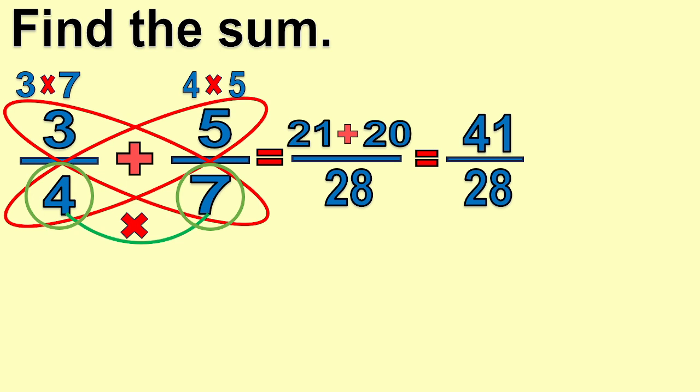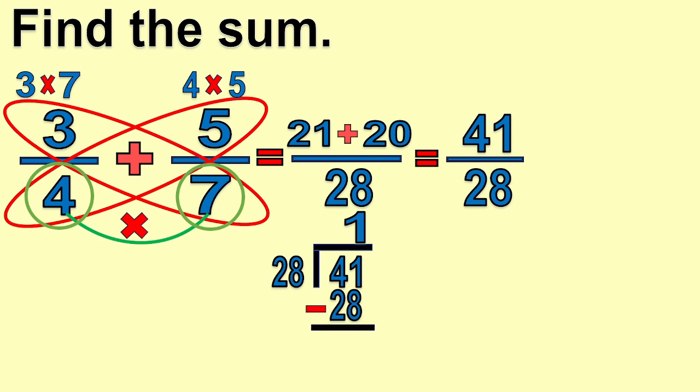Let's convert an improper fraction to a mixed number. 41/28. It's an improper fraction. First, divide the numerator by the denominator. We have here 41 divided by 28. So we have here 1. 1 times 28 equals 28. Subtract 41 minus 28 equals 13.